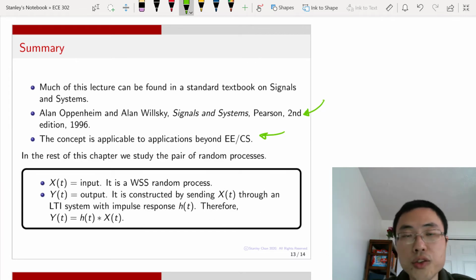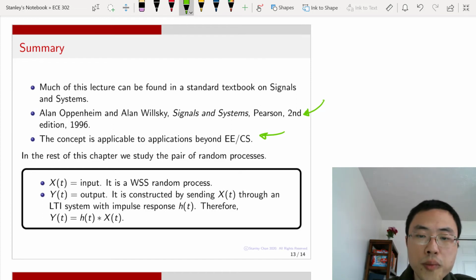Even for computer science, we need to know this. For statistics students, this would be equally applicable. As I said, you have this running average, that kind of operations. Those can also be modeled through this linear time invariant system. It's just that the terminology may not be that familiar to you. The techniques are equally applicable.